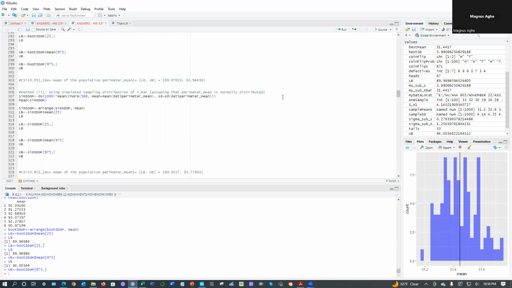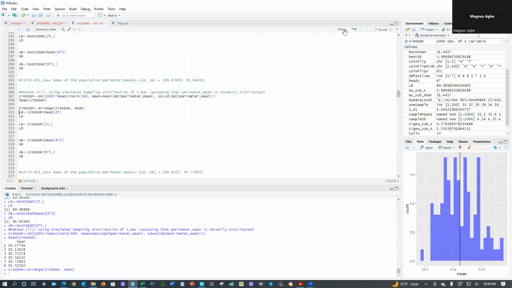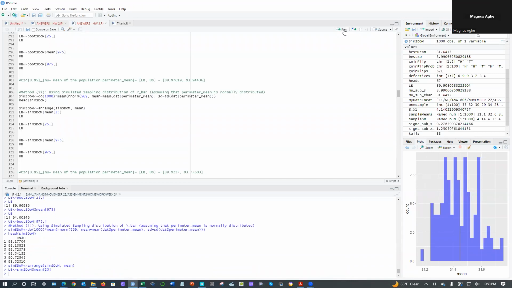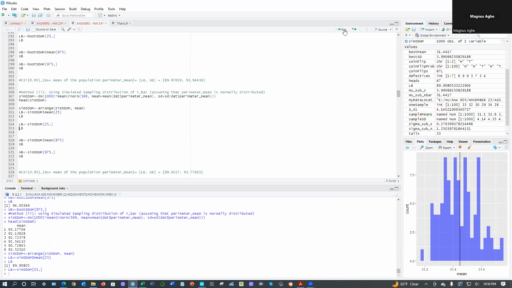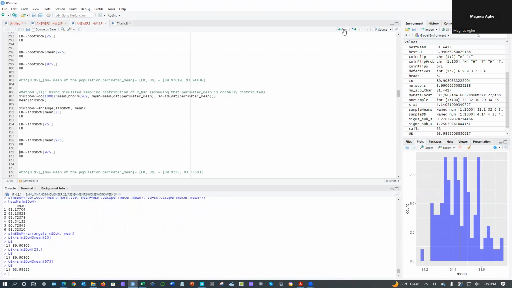Simulate with rnorm, 569 with the mean and standard deviation. Then head, arrange, lower bound, upper bound, another way.